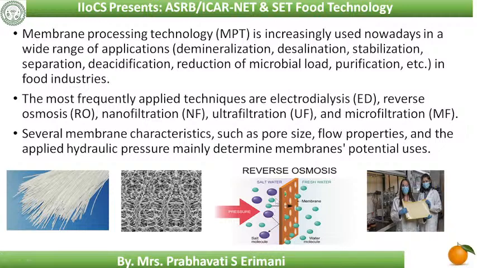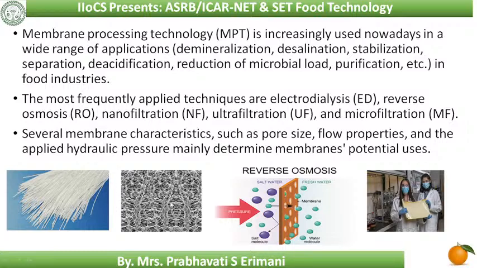Membrane: in reverse osmosis, salt water is converted into fresh water. By using pressure, you can see salt molecules are retained and only the water molecules pass through the membrane. Here you can also see how they hold the membrane and how it looks.